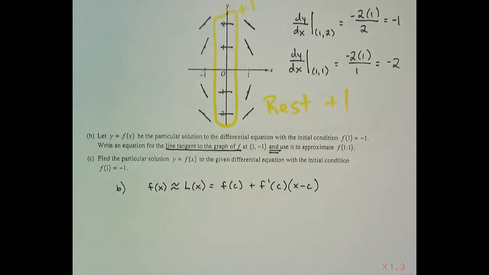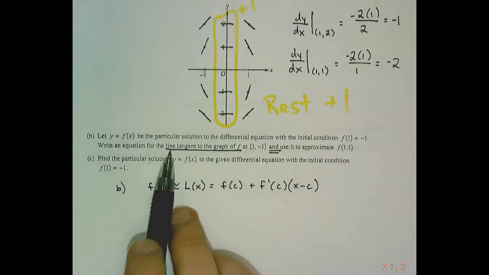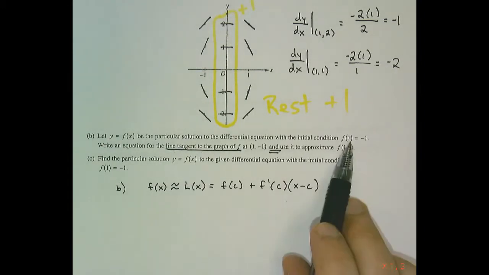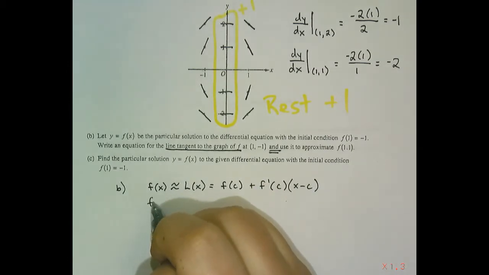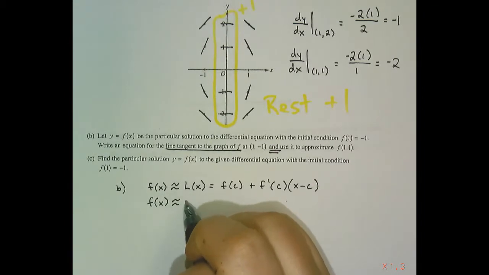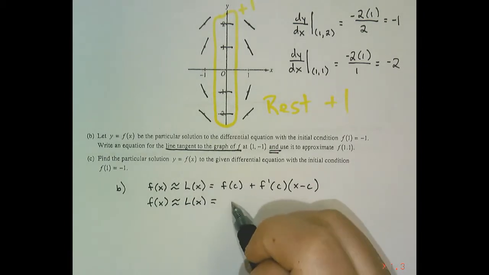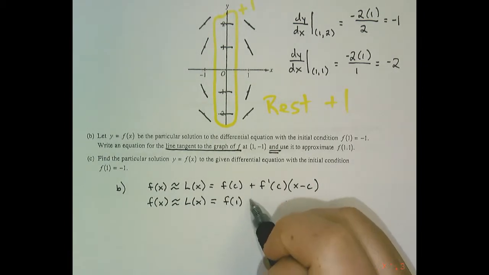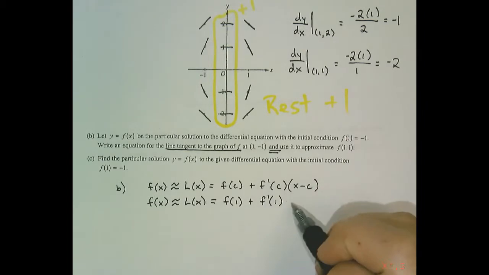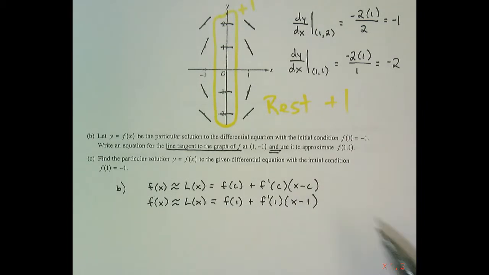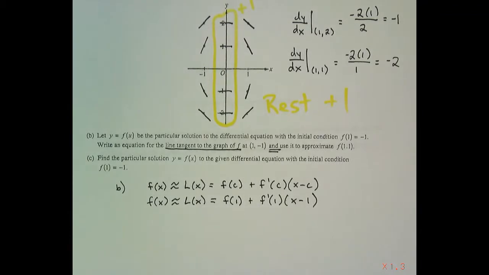That's our general go-to Taylor form of the tangent line, and that's what we're creating, a tangent line. We're centering our tangent line at 1, so if we write in f of 1 plus f prime of 1 times x minus 1, we've made our substitution for where the center is.